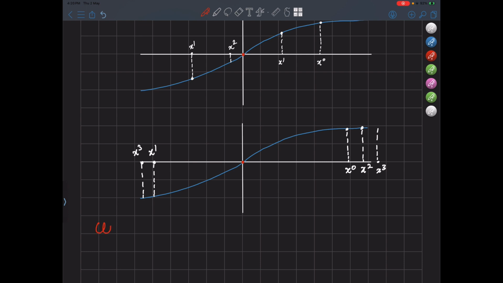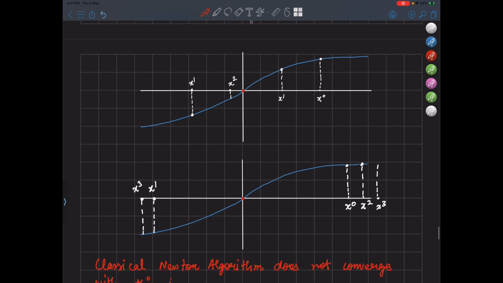So the classical Newton algorithm does not converge with this initialization.